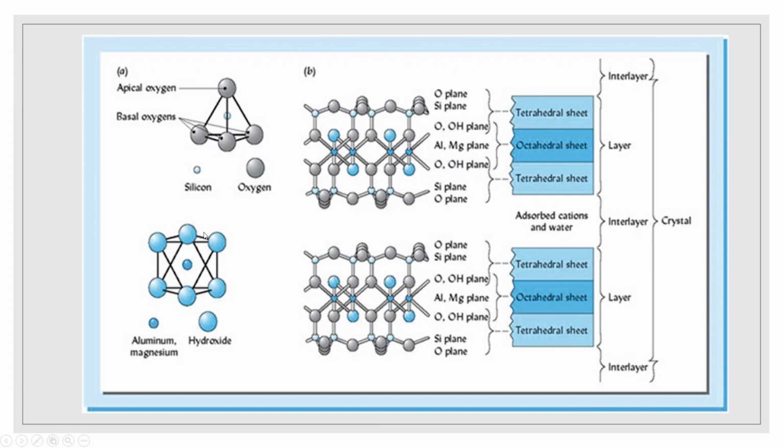When we move down here to our octahedral, we're going to have 6 oxygens, and we will have either aluminum or magnesium. These are actually hydroxides, and we'll have either aluminum or magnesium in there.